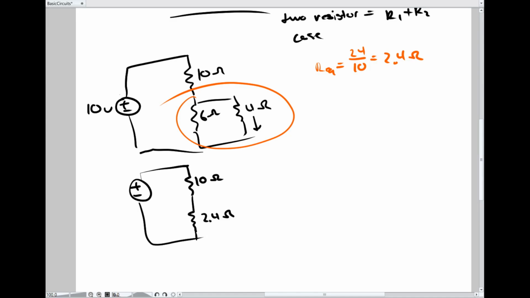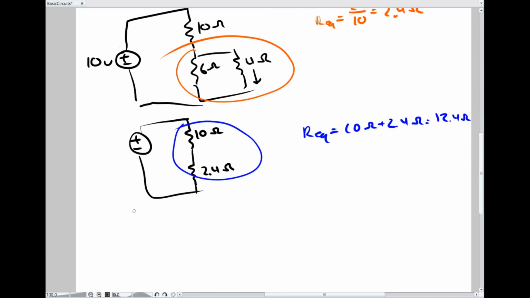Then we combine these two resistances, saying Req is equal to 10 ohms plus 2.4 ohms, which is equal to 12.4 ohms. And then redraw the circuit again, like so. This is 10 volts.